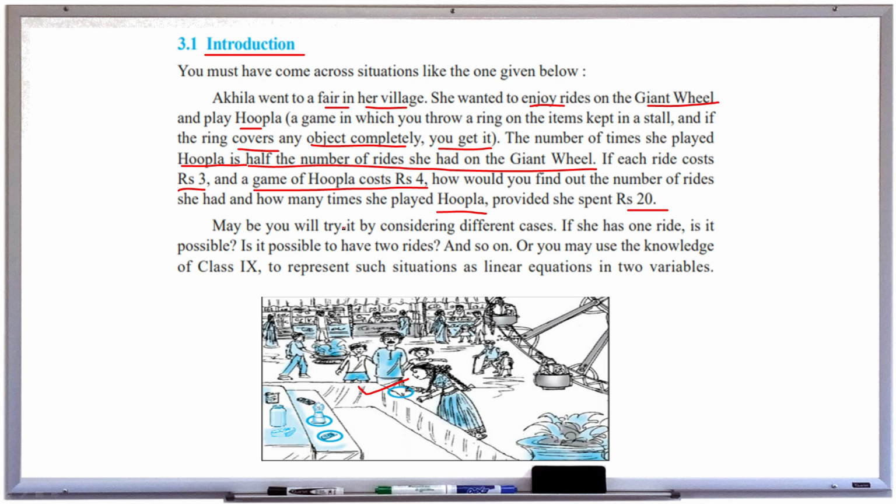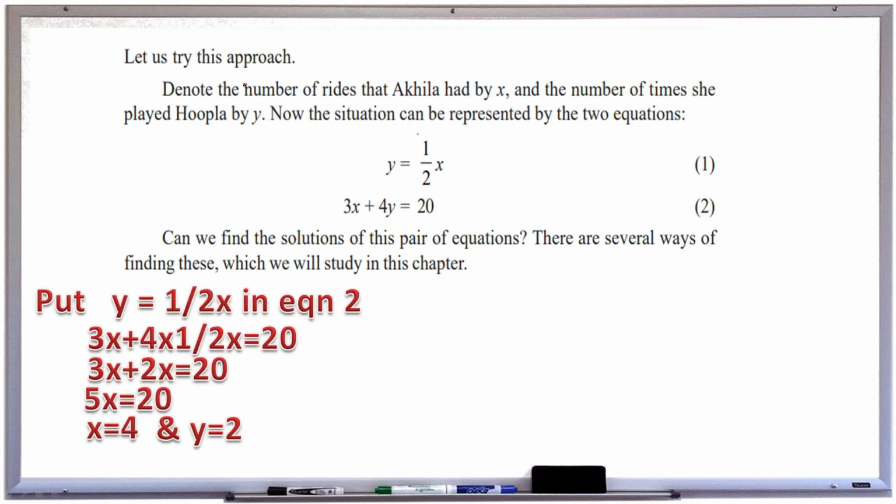Maybe you will try it by considering different cases. If she has one ride, it is possible. Is it possible to have two rides? And so on. Or you may use the knowledge of class 9 to represent such situations as linear equations in two variables. Let us try this approach.